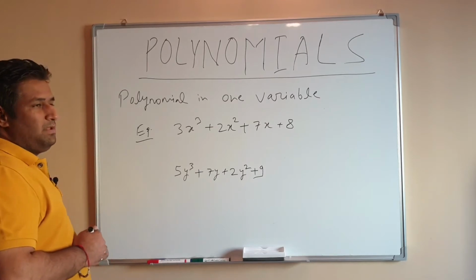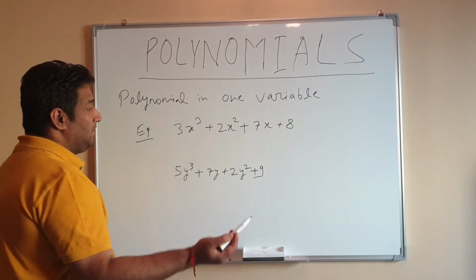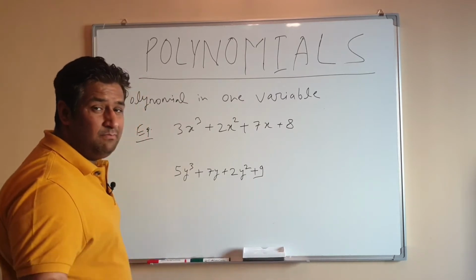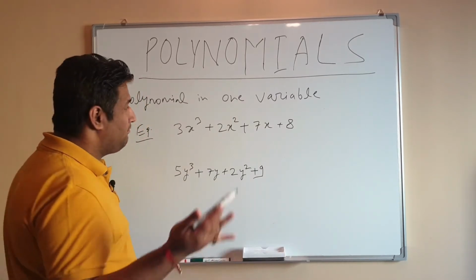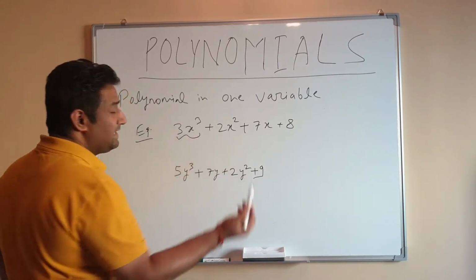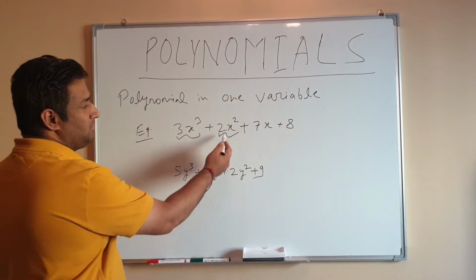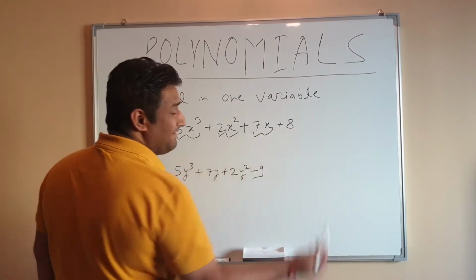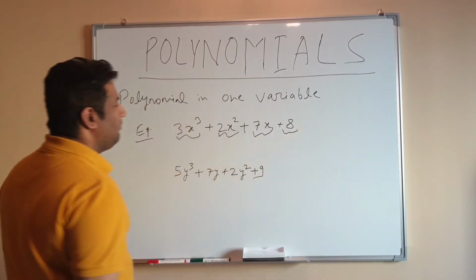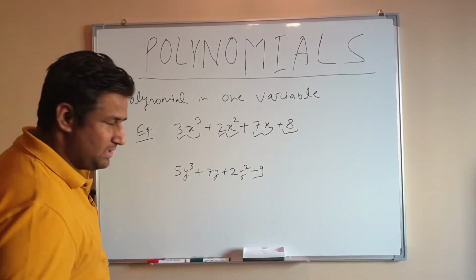Now there are a few more things you should understand before moving ahead. First of all, you have to identify the terms of the polynomial. Like for example, 3x cube plus 2x square plus 7x plus 8. All these are called terms of the polynomial.